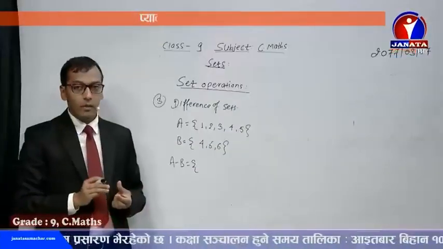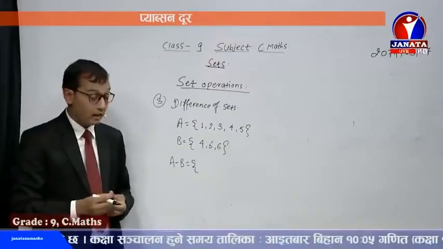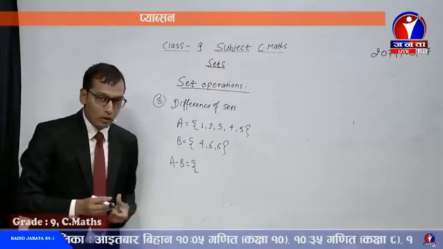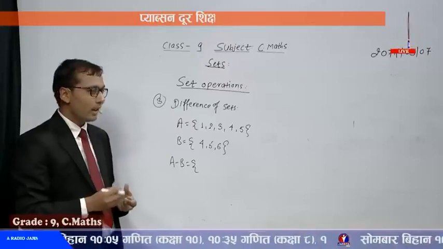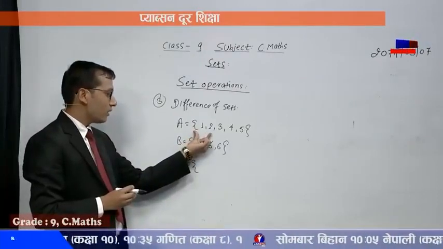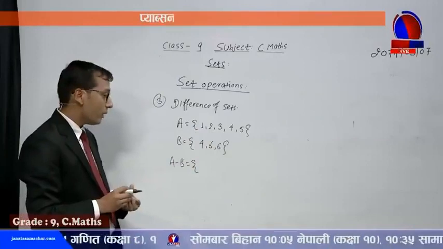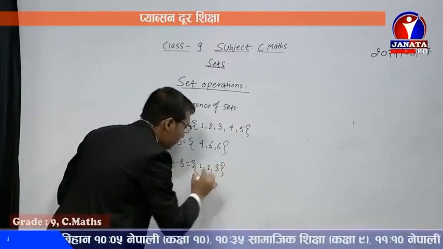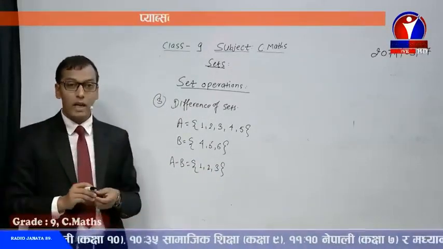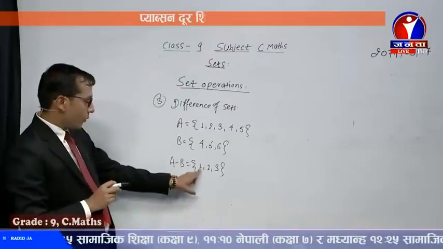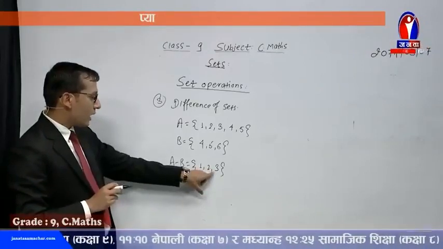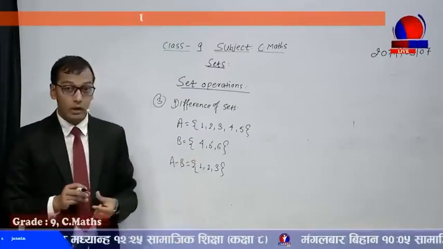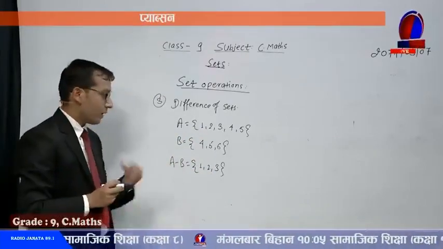Under A difference B, we take the elements of only set A which are not elements of set B. Can we guess which elements are in set A only and not in set B? 1, 2 and 3. These 3 elements are in set A, but they are not in set B. So we say A difference B.